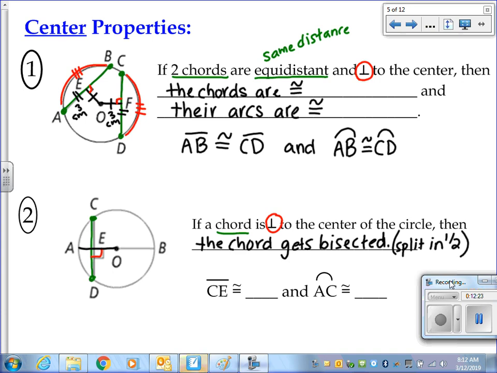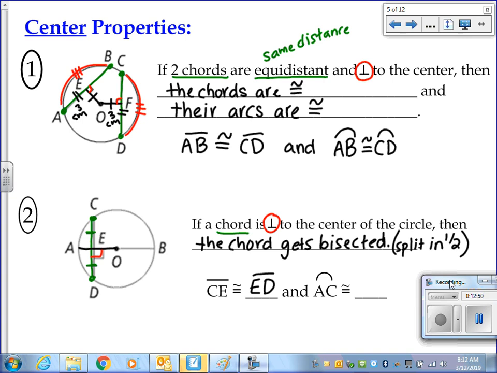So this property says if I were to look at my chord, which was in green, it's going to get split in half. So the first part, CE, would be congruent to the second part, ED. And that's just a result of being perpendicular to the center. Now, let's kind of use this with that big idea.